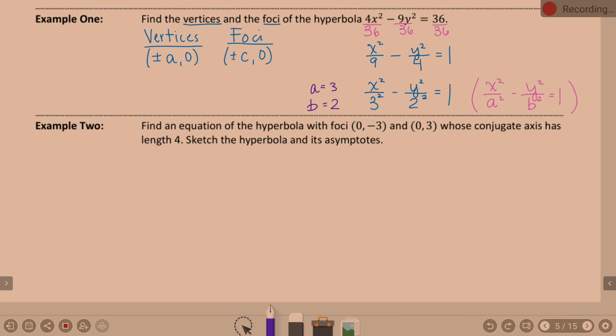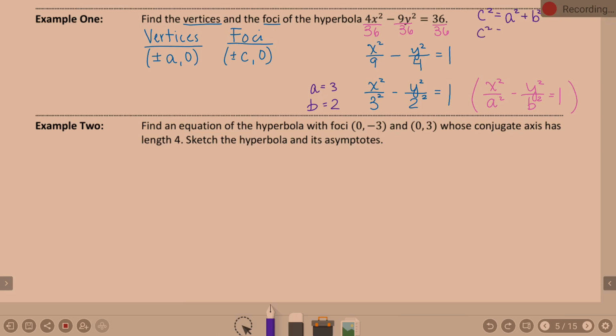What about C? Do we know C? Not yet. How do we find C? Pythagorean. Okay, it's that Pythagorean relation again. The only difference is that my Pythagorean relation changed this time, right? It's c squared equals a squared plus b squared.